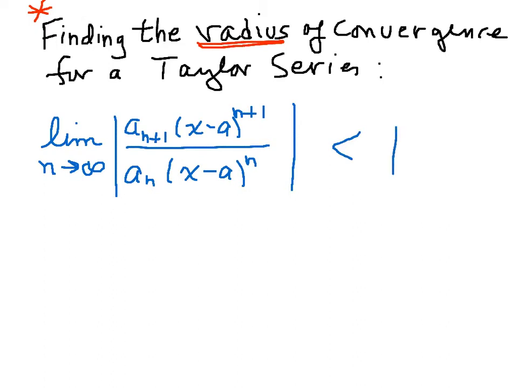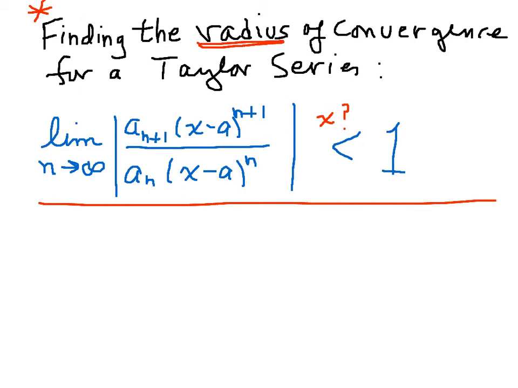The whole point here is asking the question, what are the values of x which make that limit be less than 1? So that is how we find the radius of convergence.